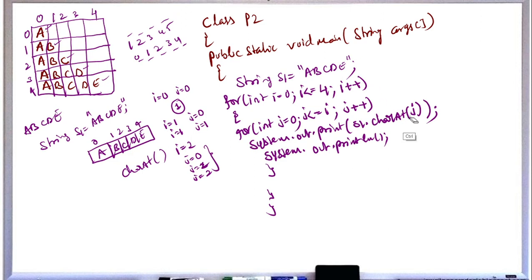For example, in case of charAt j, if you replace j with i, now you are able to print a different pattern: a, b b, c c c, d d d d, and E E E E E. Why is it printing this?